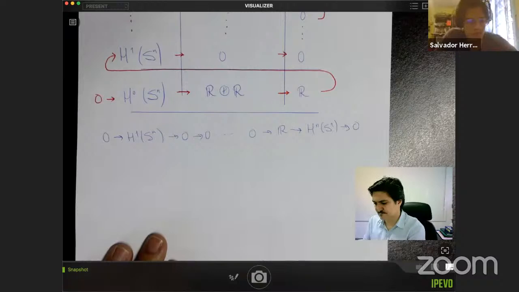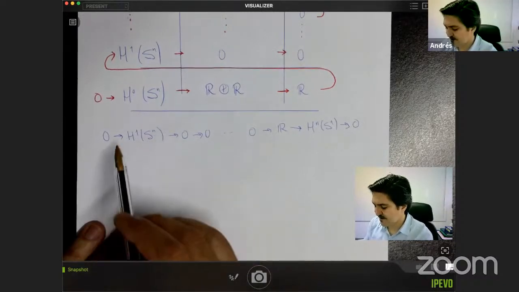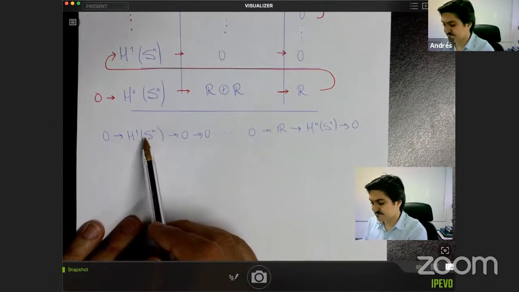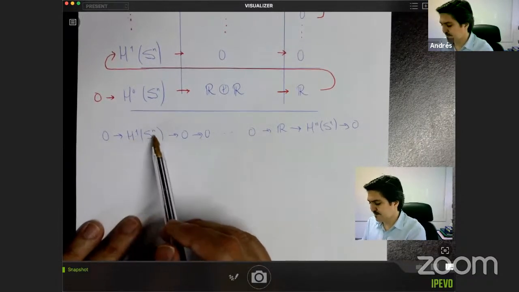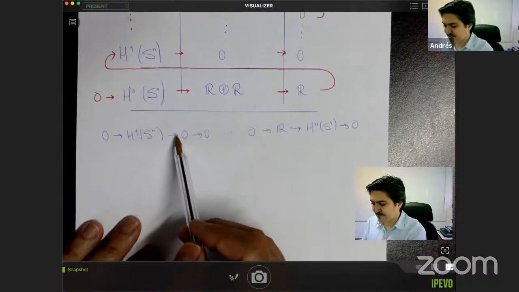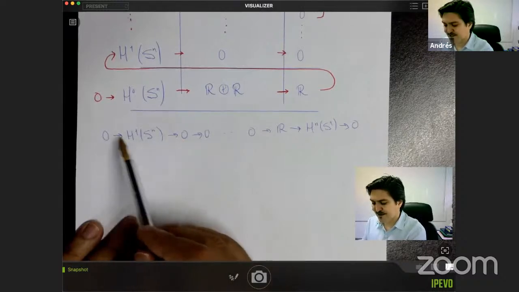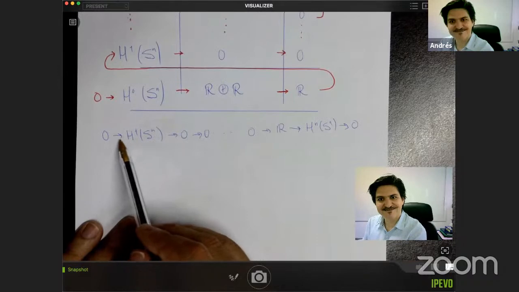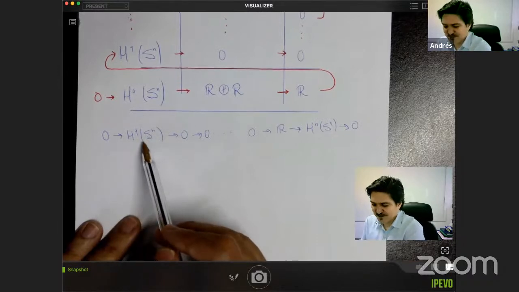That it should be zero-dimensional as well. Because by this map, this function is surjective, so it has to be zero.